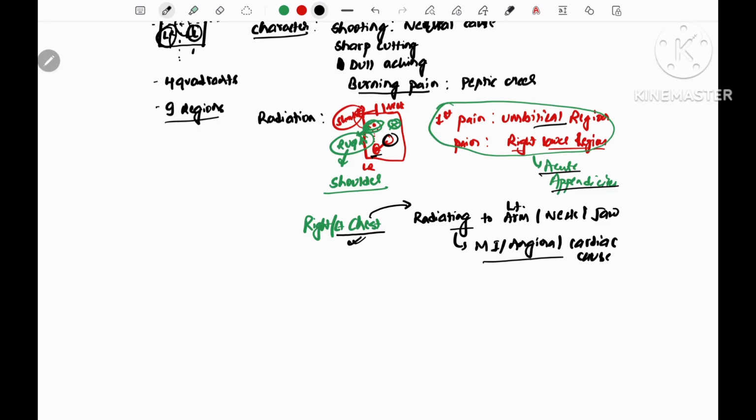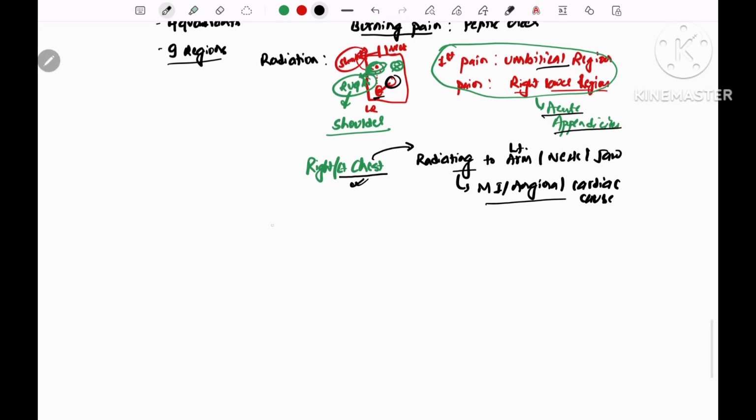Now we also have to know the difference between the migration of pain, the shifting of pain, sorry, migration and shifting are the same thing.